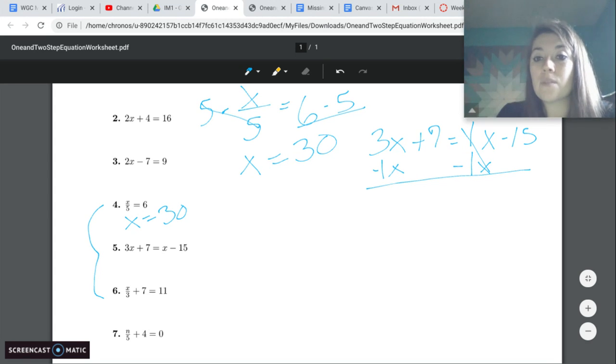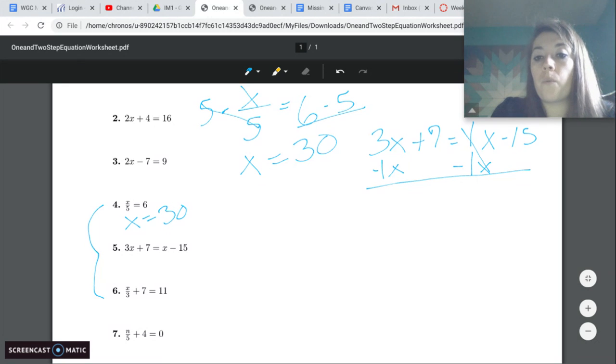Technically with this problem, there are 4 different ways to start it. We could have started by subtracting 3x, subtracting 7, or adding 15. Any of those would have been a perfectly acceptable way to start. I started with my variables because I like getting them over to one side first, then dealing with my constants after.